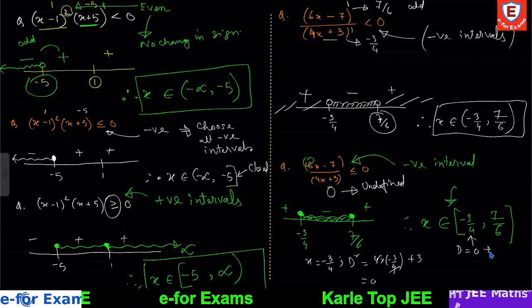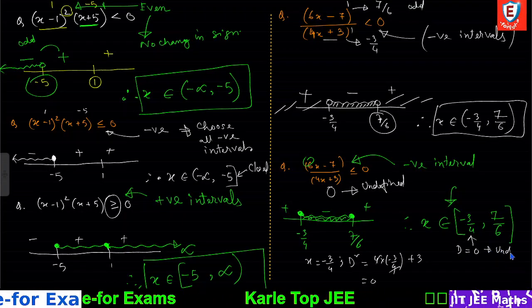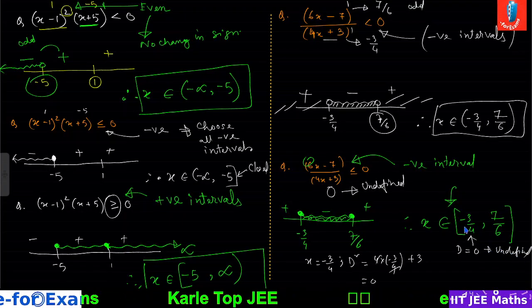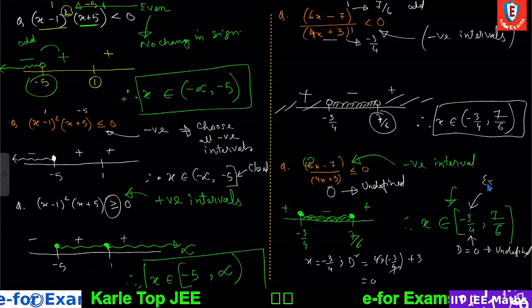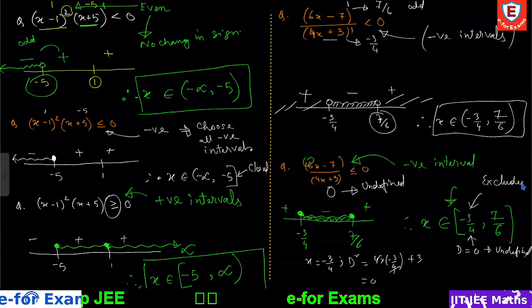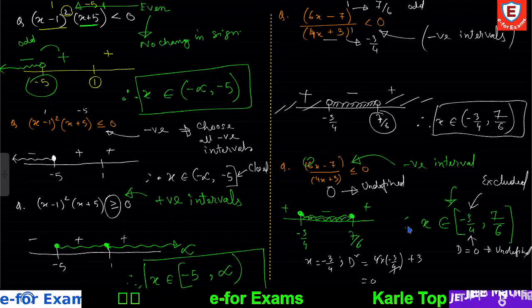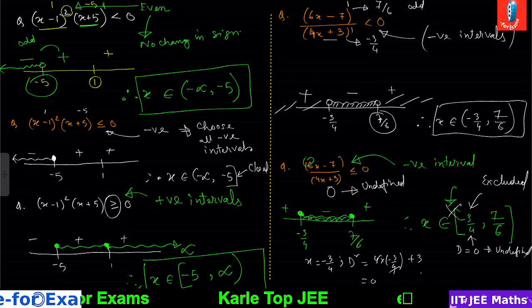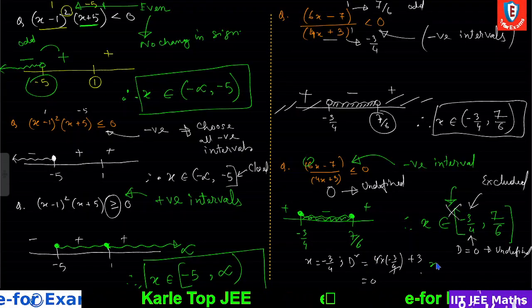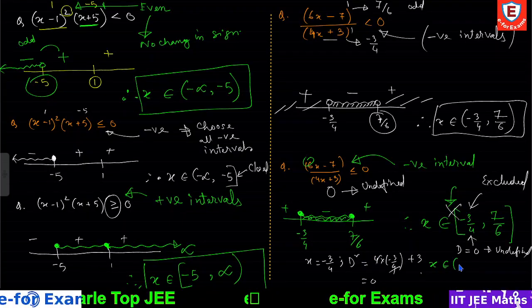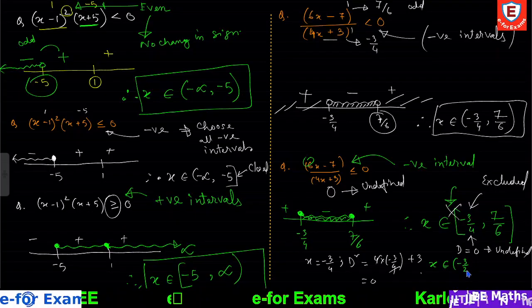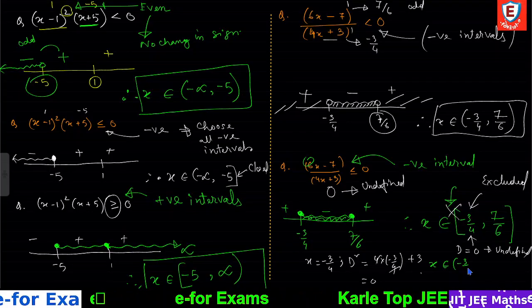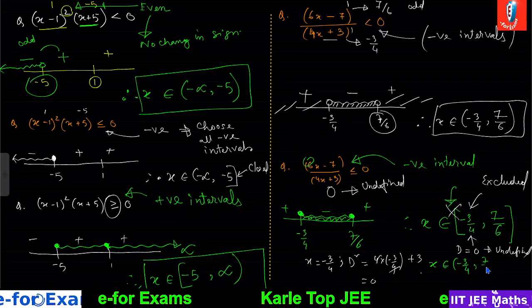So when x is equal to minus 3 by 4, the denominator equals 0 and it becomes undefined. Therefore, this value will be excluded. Got it? So this is wrong. The correct answer is x belongs to minus 3 by 4 comma 7 by 6.